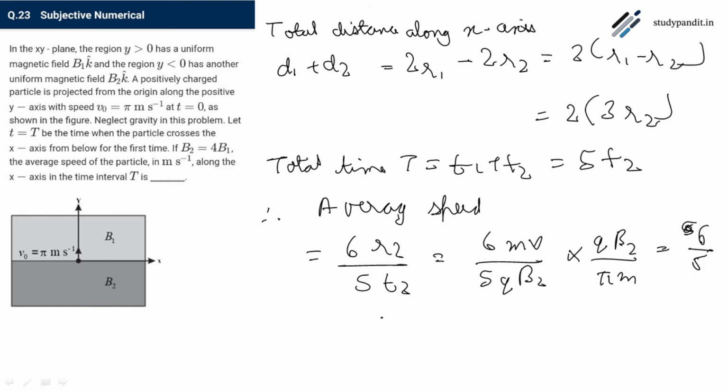So average speed equals 1.2. Answer is 1.2.